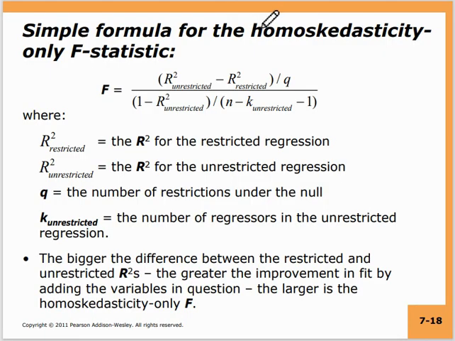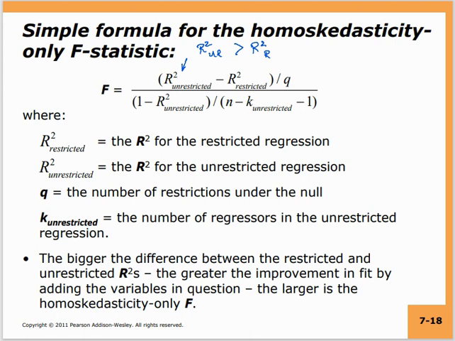So what we are looking at is the F statistic in a homoscedasticity-only situation. Again, I am reiterating that this formula applies only when the errors are homoscedastic. So, R square unrestricted minus R square restricted; R square unrestricted is greater than R square restricted.